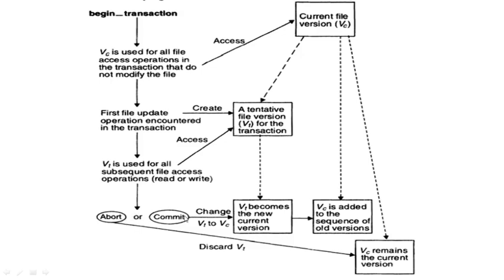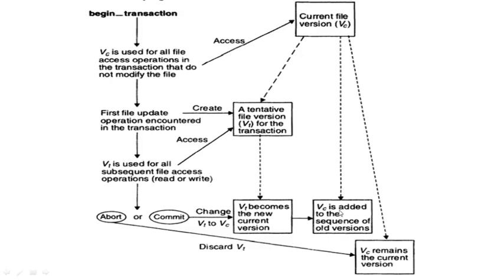If it is aborted, then the VC version of the file will be the final version and it is the current version. Otherwise, if the transaction is completed successfully, all the VT tentative version file changes are made to VC and VT becomes the new current version. Because the transaction is completed, VT becomes the new current version, and VC is added to the sequence of old versions.